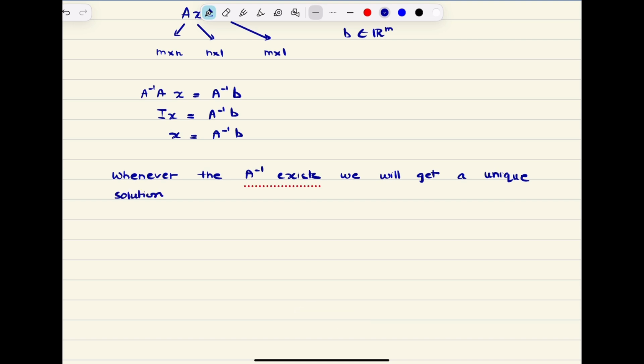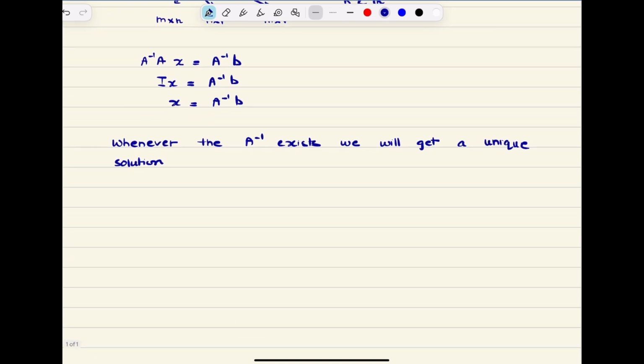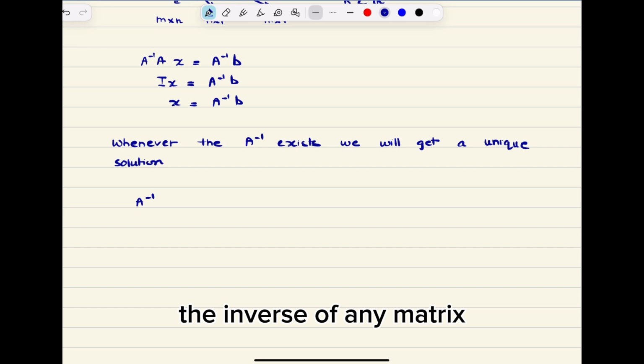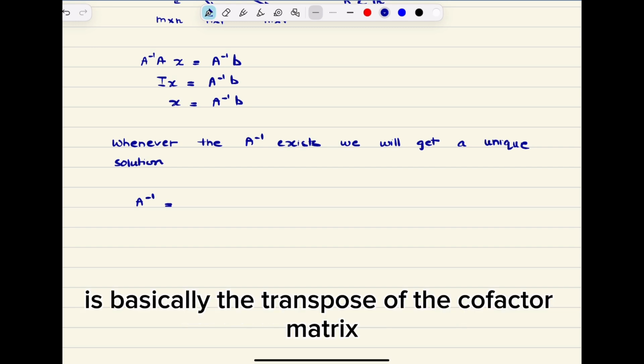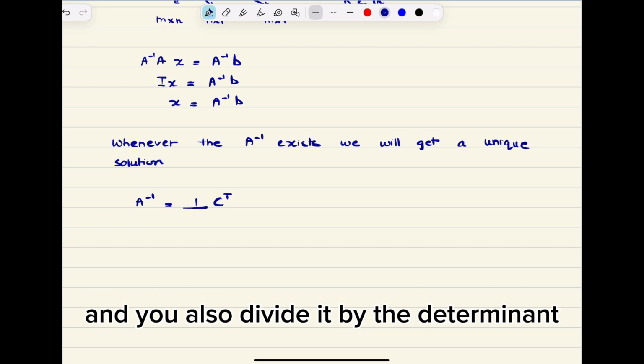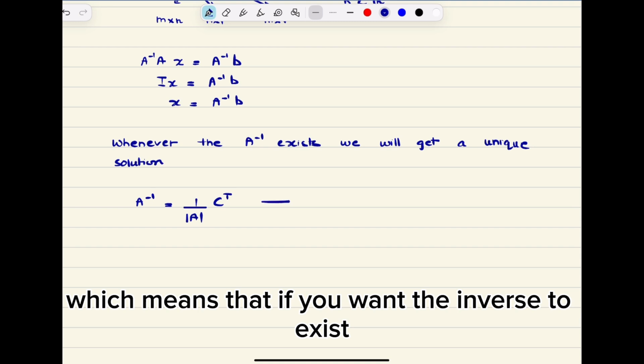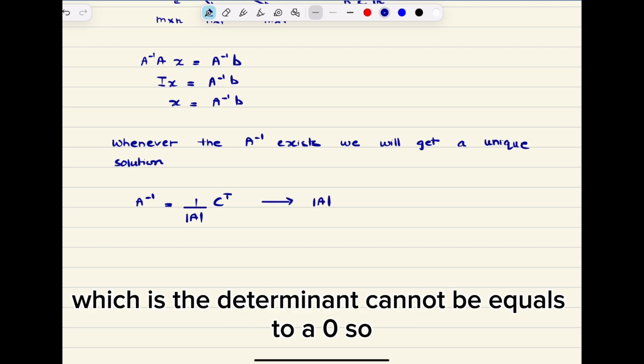Now, what is the inverse, by the way? The inverse of any matrix is basically the transpose of the cofactor matrix divided by the determinant of that matrix, which means that if you want the inverse to exist, the denominator, which is the determinant, cannot be equal to 0.